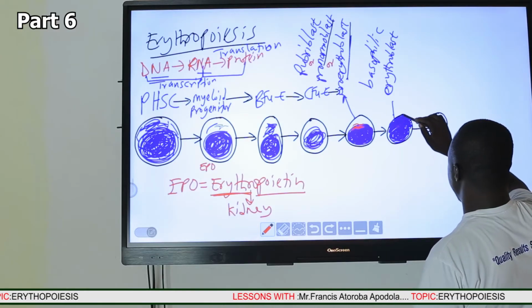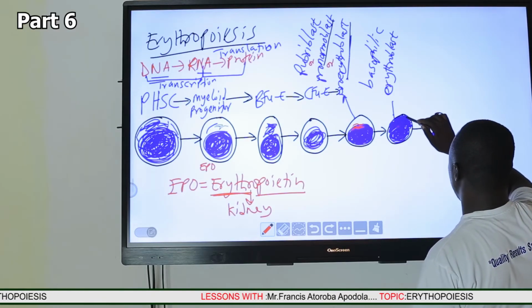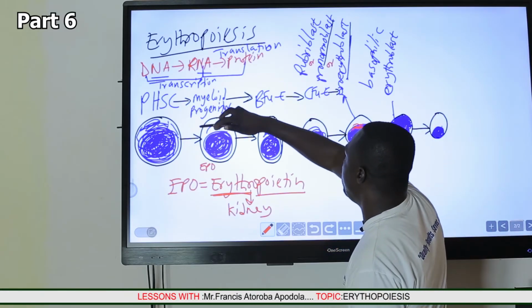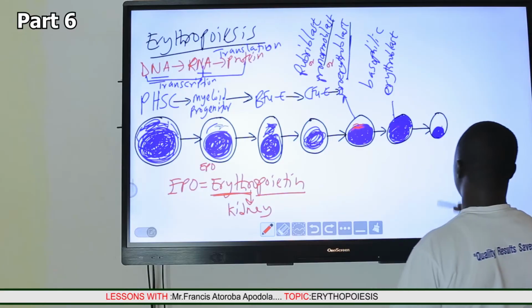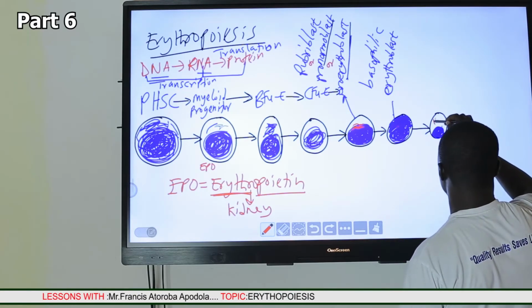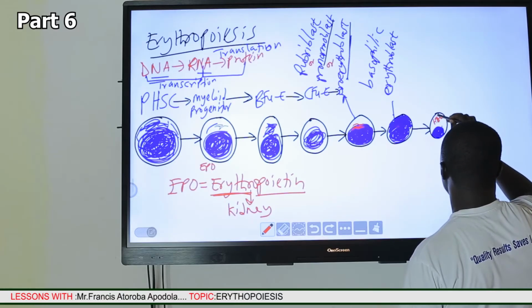Then these RNAs that are here, which have made the cytoplasm basophilic, will undergo translation. So there will be translation here, and that will result in the synthesis of proteins. And the proteins in question here are hemoglobin molecules.